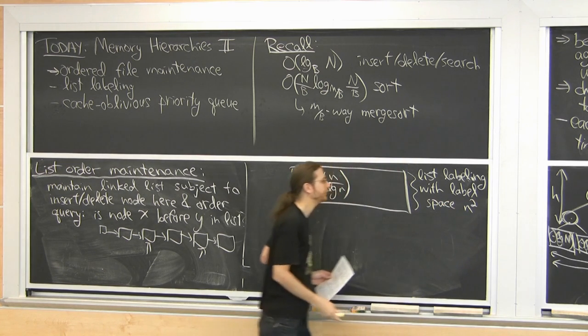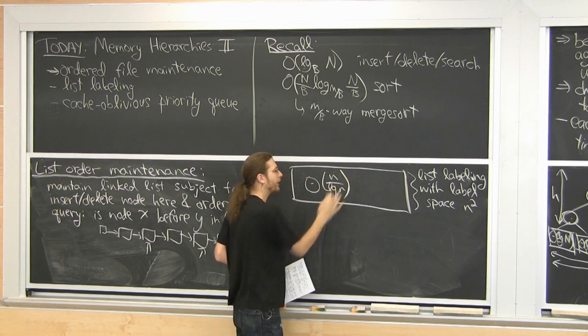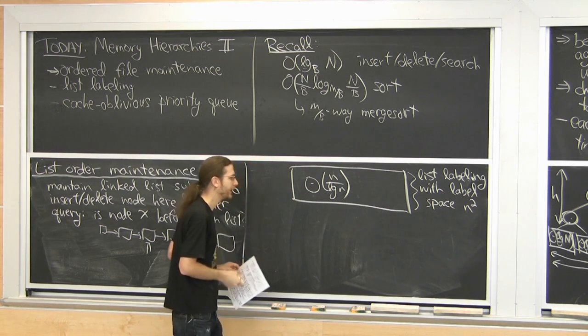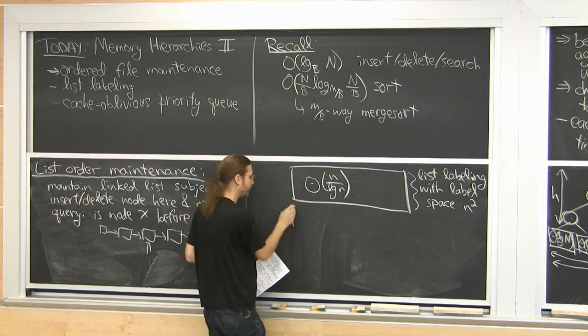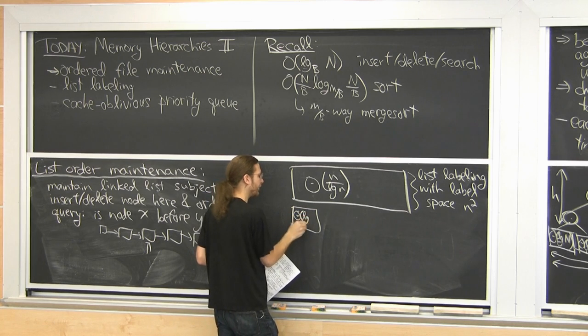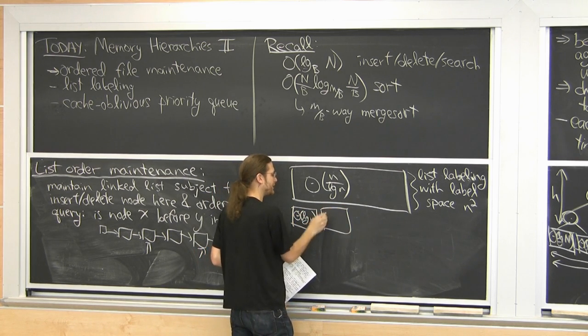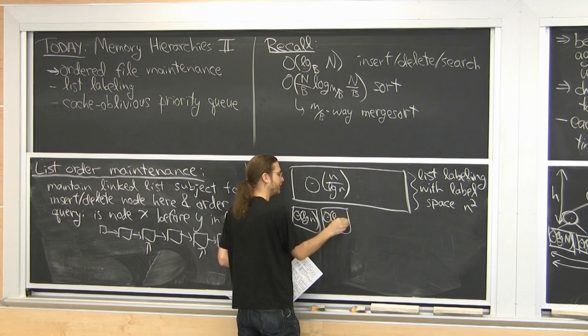Any polynomial will do. And so this takes log n per operation to do anything on these n over log n items. And then at the bottom, we have lots of little structures of size log n. And that's supposed to eat up a factor of log n in our update time if we do it right.